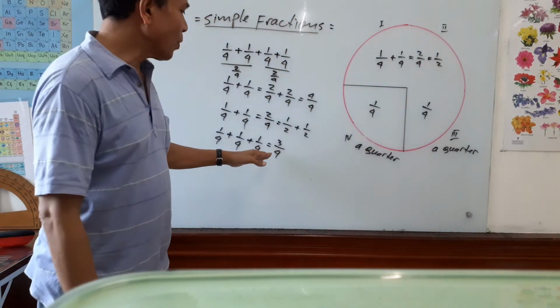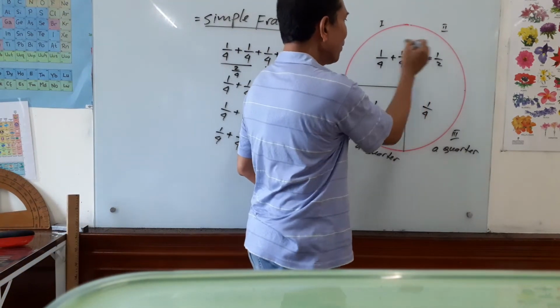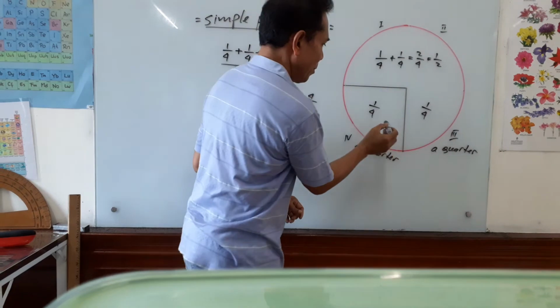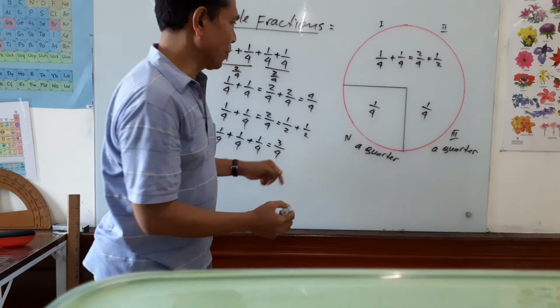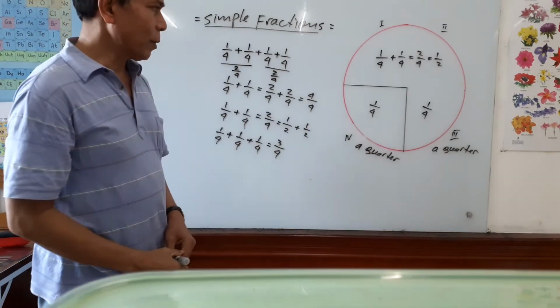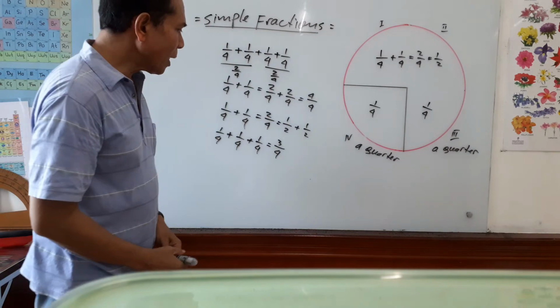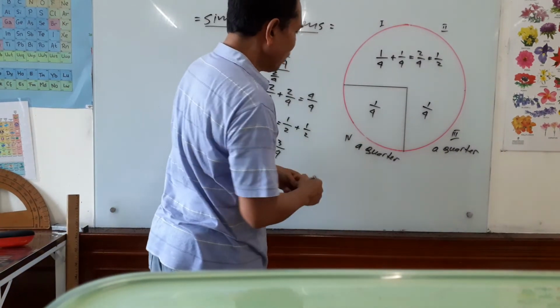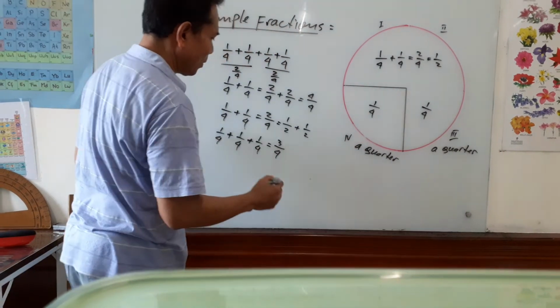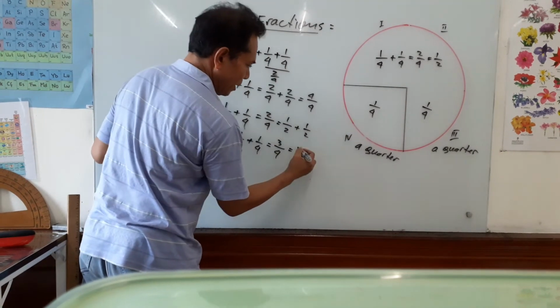So it becomes 3/4. 1, 2, 3, 4. Denominator 4. So 3/4, because three pieces are put together. Now, how if we add with this? What shall we get here? Add together with this.